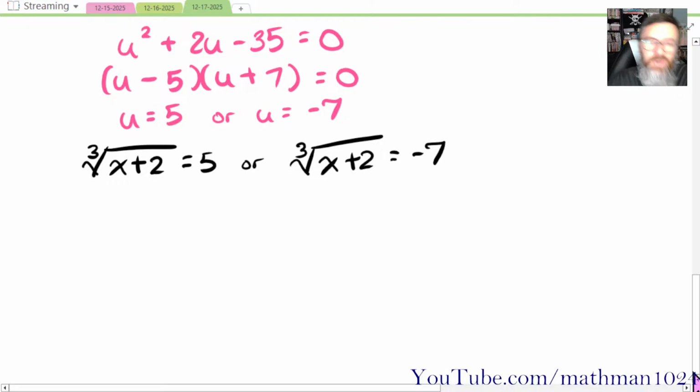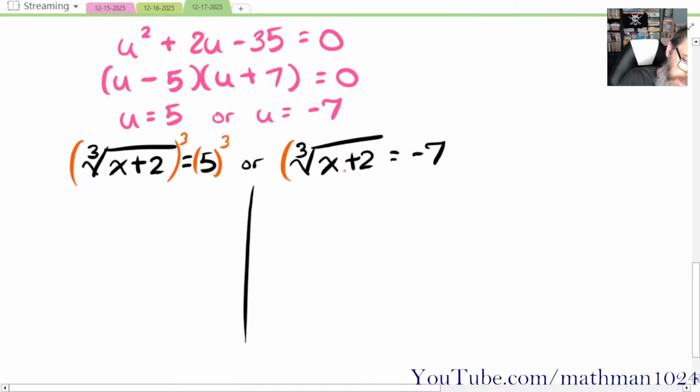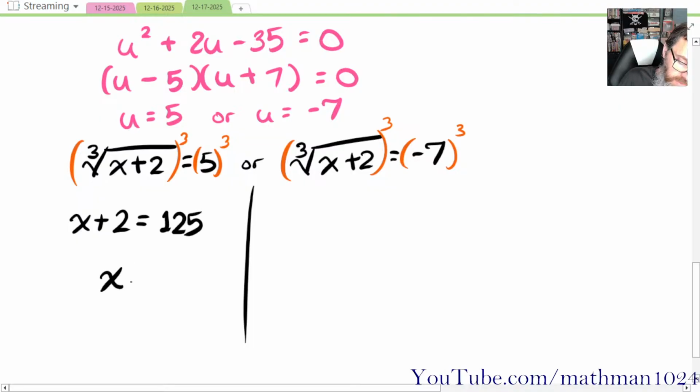And at the end here, instead of having a rational equation or a proportion that I need to solve, I have a radical equation. So we would raise both sides to the third power here, and we'll do it over here as well. So we'd have x plus 2 equals 125, which means x equals 123.